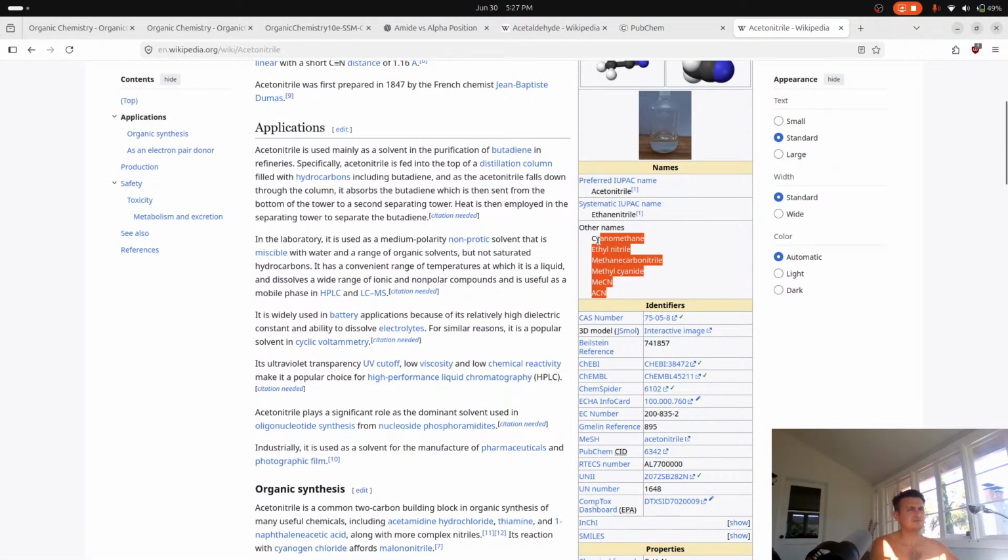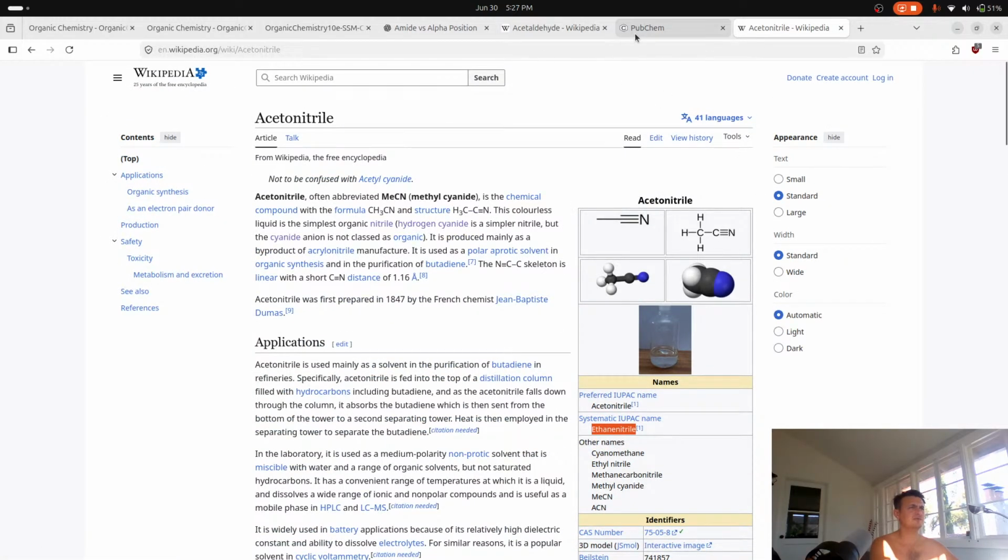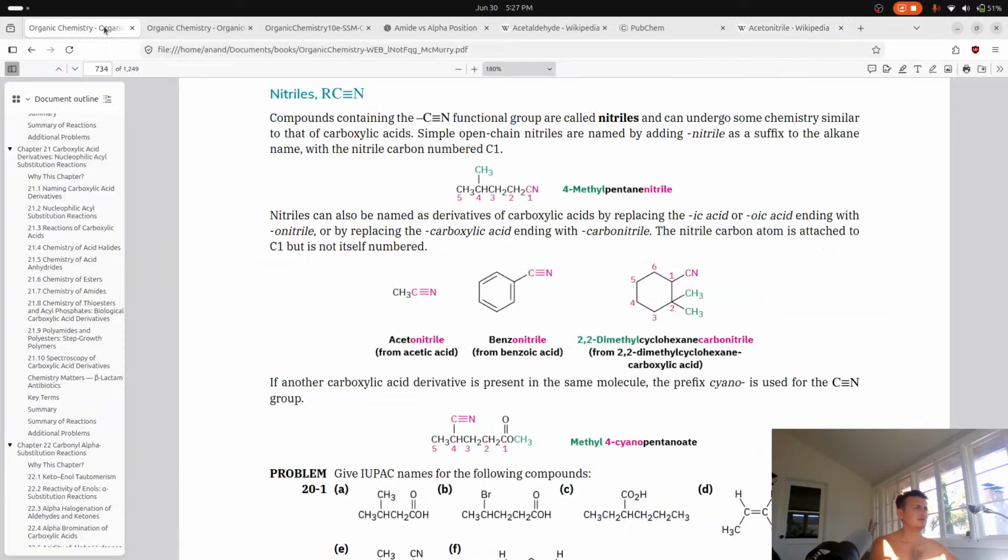Okay, so the systematic name is ethane nitrile. That makes way more sense to me. Benzonitrile. What? This is ridiculous.